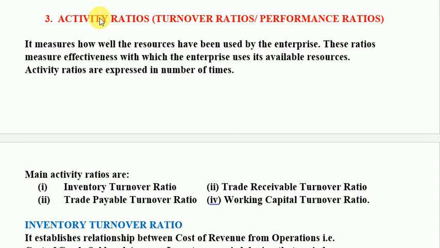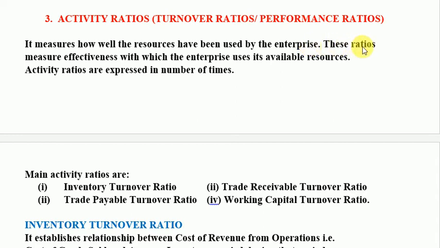Today, we are going to see the remaining two categories of accounting ratios, for which the third category is activity ratios. These are also known as turnover ratios or performance ratios. So, what are these activity ratios? Activity ratios measure how well the resources have been used by the business enterprise.